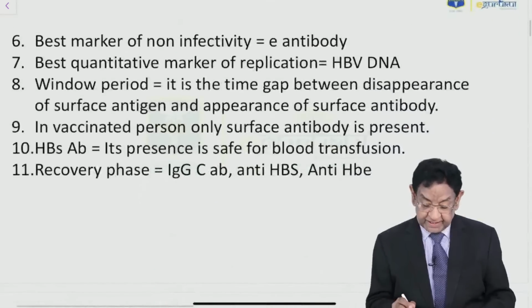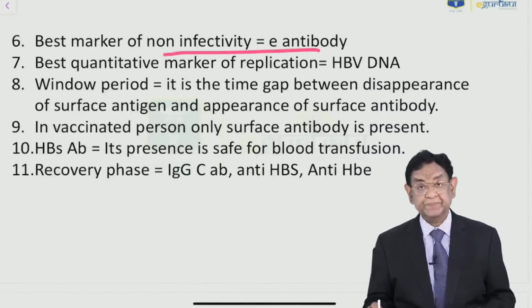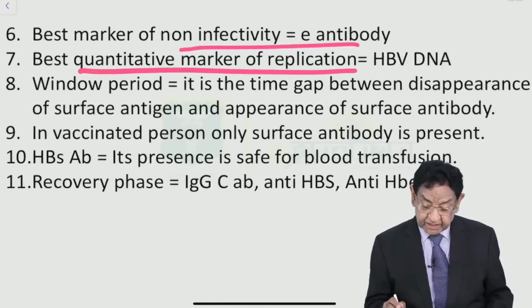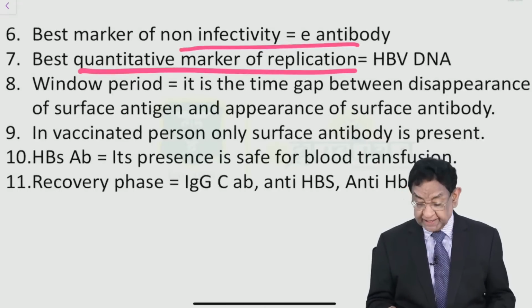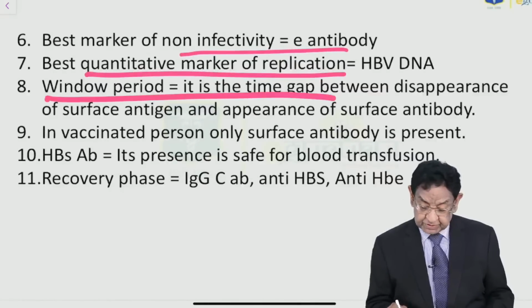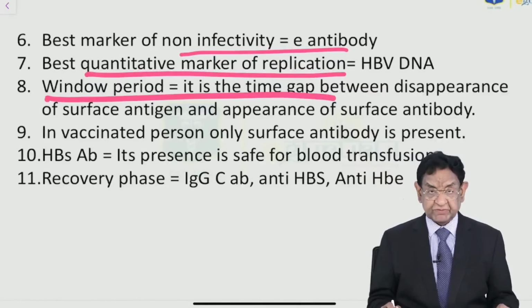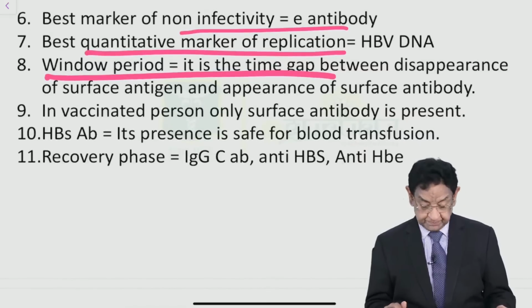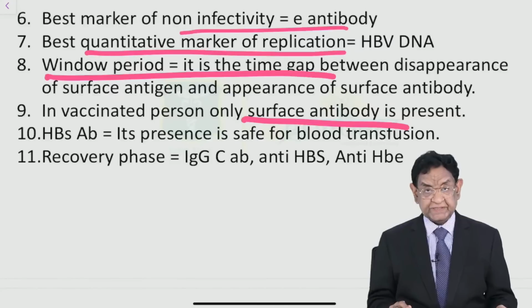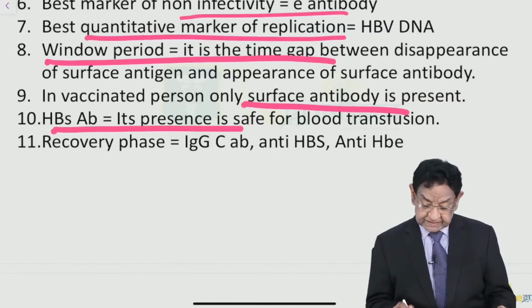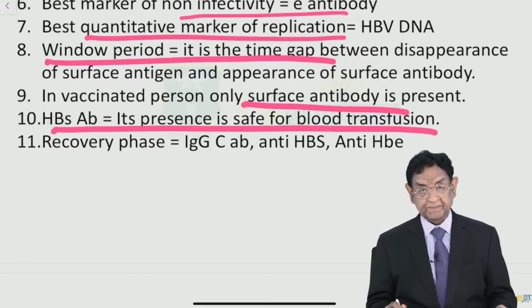Best marker of non-infectivity, E antibody. Best quantitative marker of replication, hepatitis B virus DNA. Window period, as I told you, is the time gap between disappearance of surface antigen and appearance of surface antibody. In a vaccinated person, only surface antibody is present. Surface antibody presence is safe for blood transfusion.